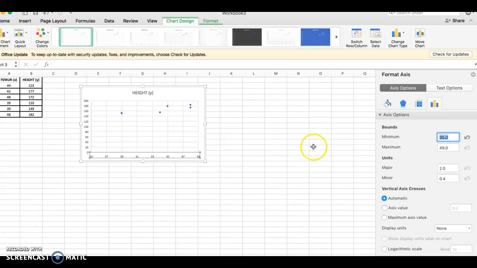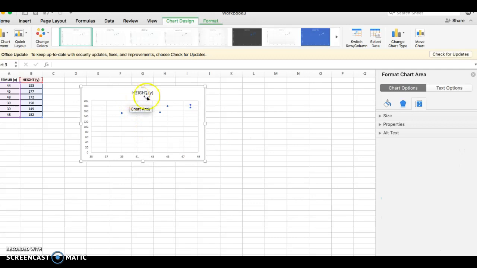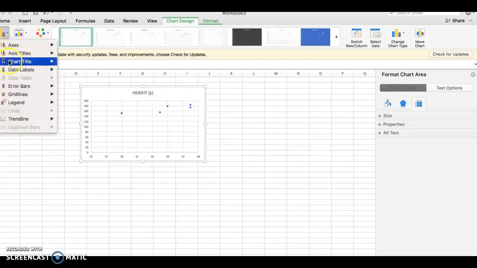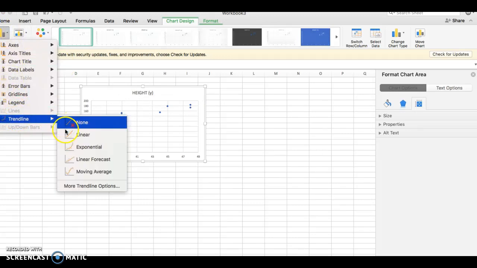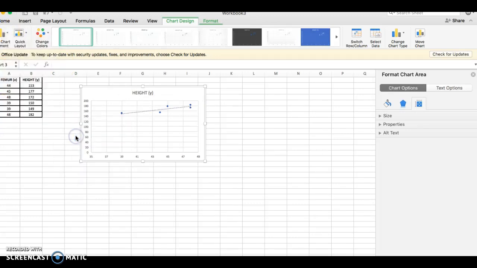Let's go ahead and make a linear equation and a trend line. I'm going to go to add a chart element, and I'm going to add a trend line, and make it linear, and you can see that my line shows up.